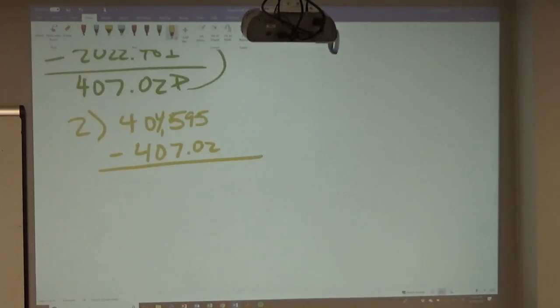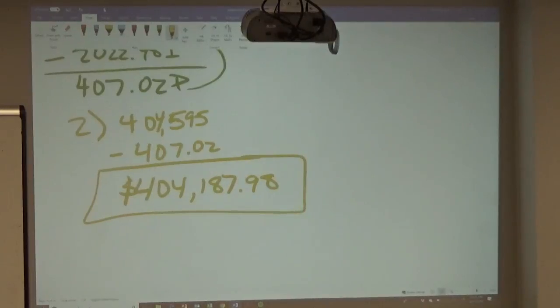And that leaves us with a remaining balance of $404,187.98 after 2 payments. It's a lot of work. I realize that. It takes a while to get there. Substantial amount of work.